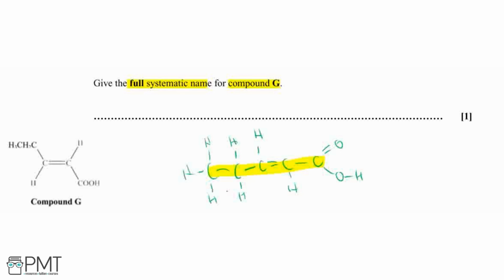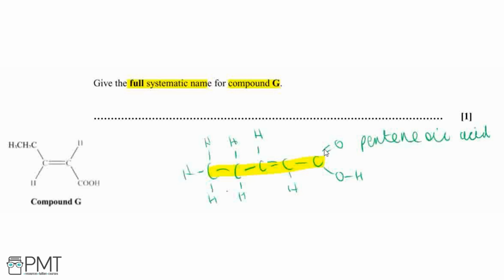So therefore, we've got some form of pentanoic acid from this carboxylic acid bit, but because we've got an alkene, we've got to have some form of a pentenoic acid. And we need to specify exactly which carbons the alkene bond is between.